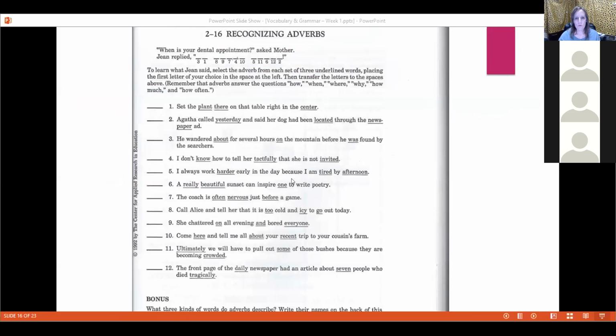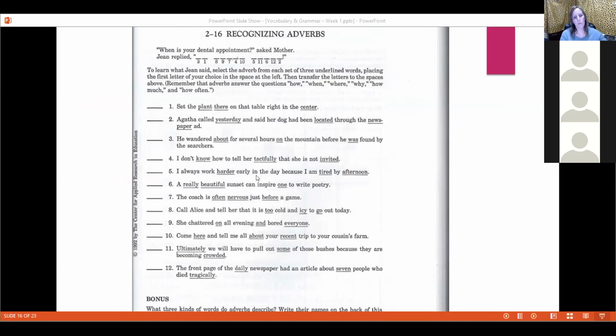What we're going to do is, again, there are three words that are underlined. It's the same thing as with adjectives. We want to find the adverb in the sentence, and we're going to just do the first three, and we'll see how we do on that.